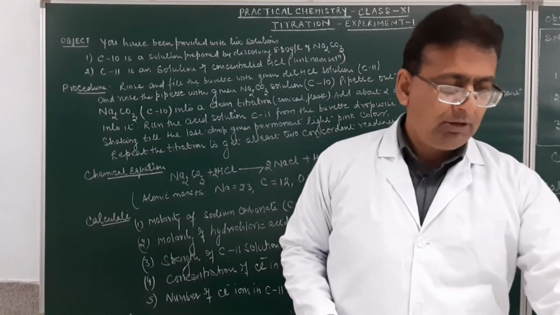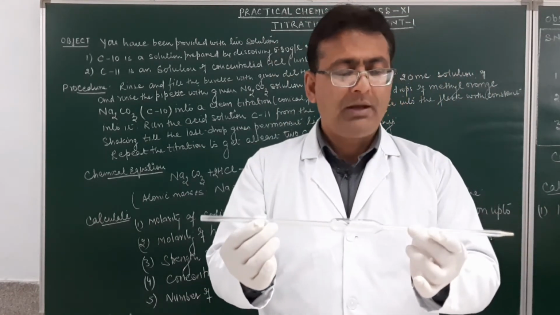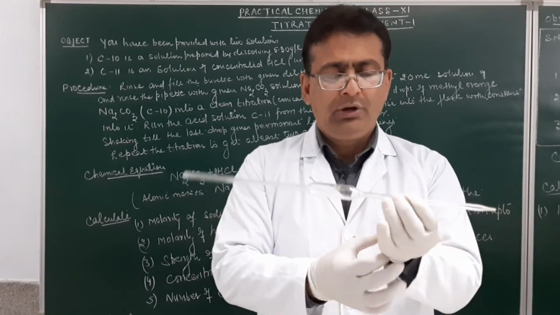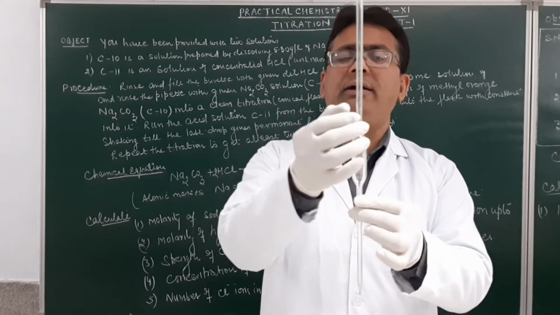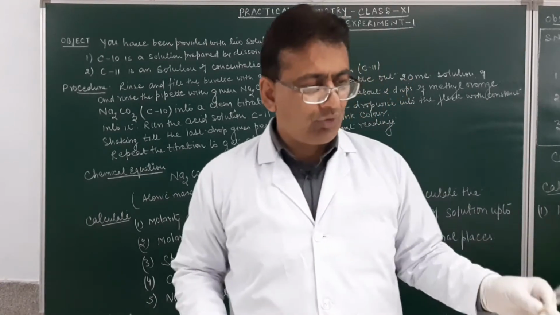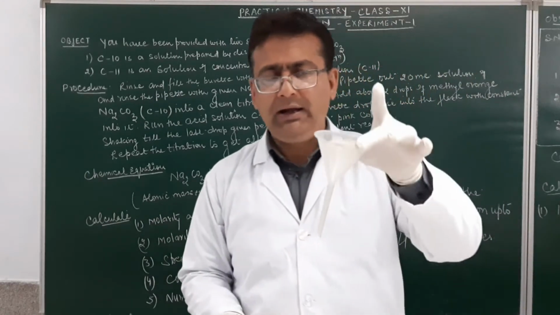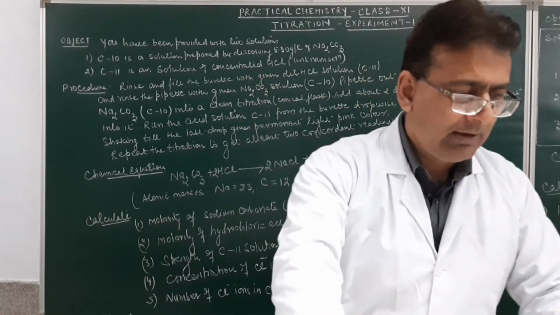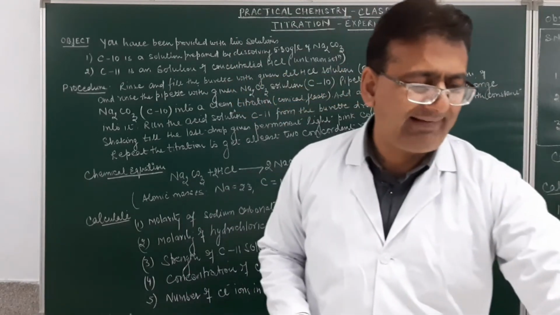Then this apparatus is called a pipette. It is marked up to 20 ml capacity. There is a circular mark over here. It is of 20 ml capacity. This is called a funnel, as we all know. Then this is a conical flask or a titration flask.